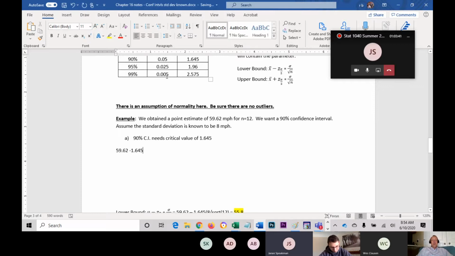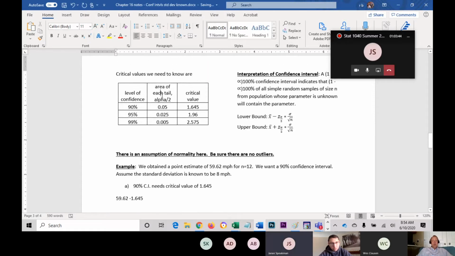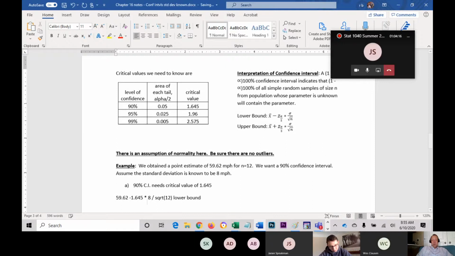Oh, now when you're looking at this table, they've already divided it by 2 for you, so you don't need to divide by 2. Okay, so it's just 1.645, and then times 8 over the square root of 12. Perfect. So since Janie did that, this is the lower bound, right? Seth, can you do the upper bound?